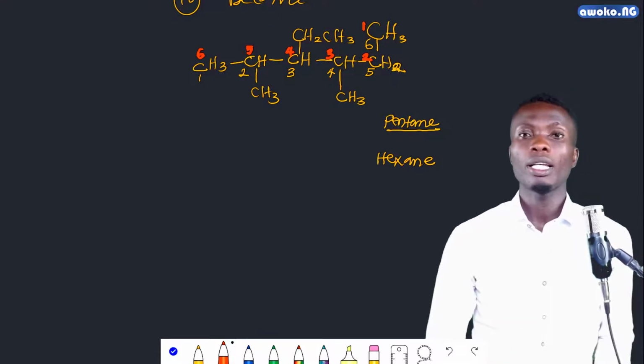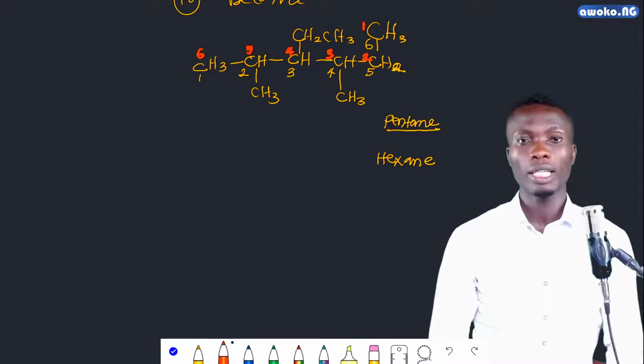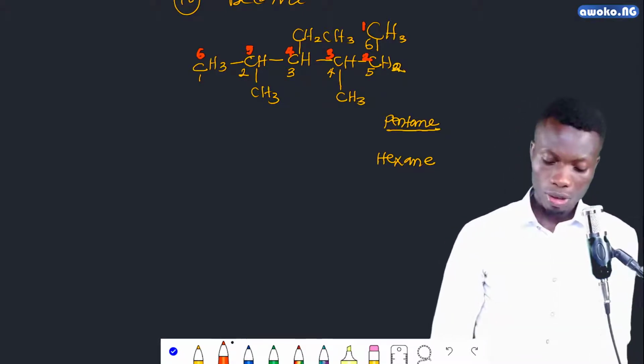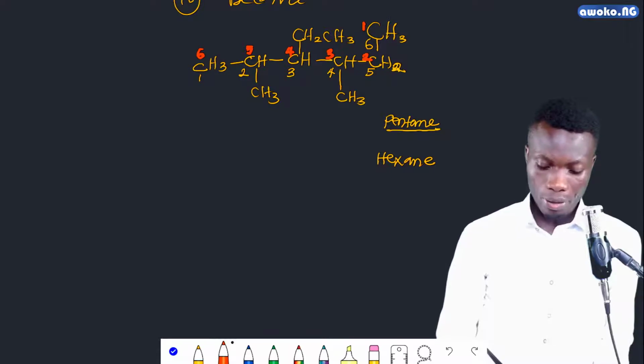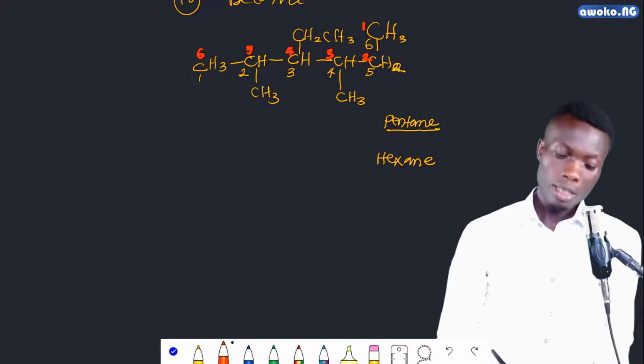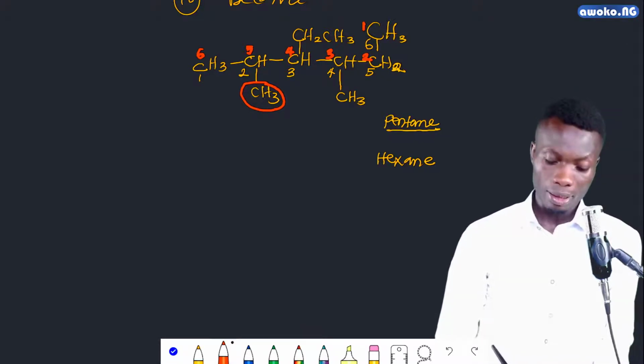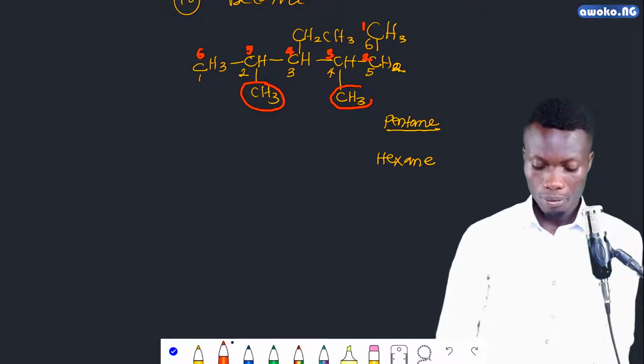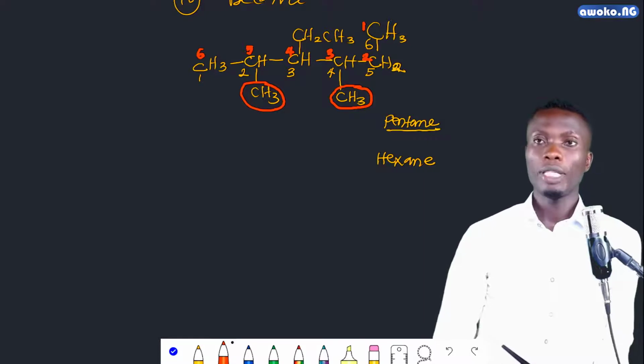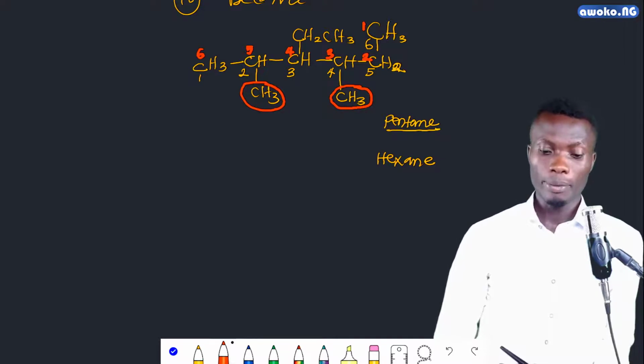Counting from the right, we have a carbon that we did not add at carbon number 2. Counting from the left, we have a carbon at carbon number 2, which is a branch. Counting from the right, we have the first branch at carbon number 3 rather. So therefore, what is the right thing to do as pertaining to the rules in organic chemistry?